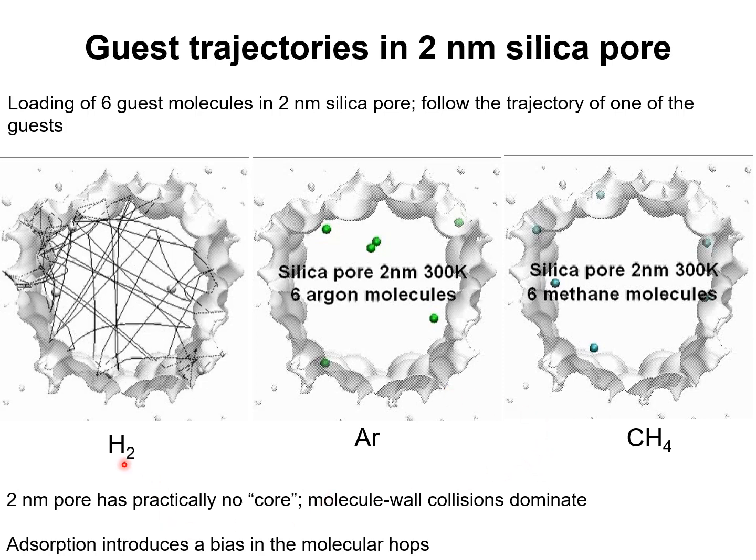And we consider 3 guests, hydrogen, argon, and methane. In each case, we have a total loading of 6 guest molecules, and we track the trajectory followed by one of the guest molecules as it collides with the wall.